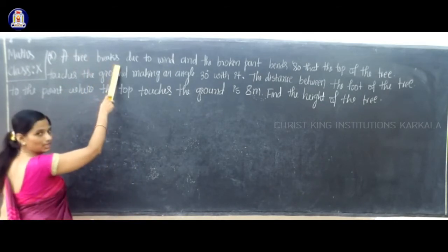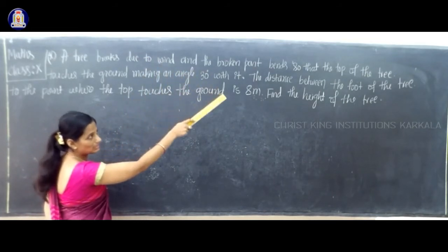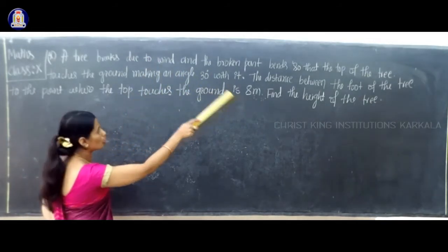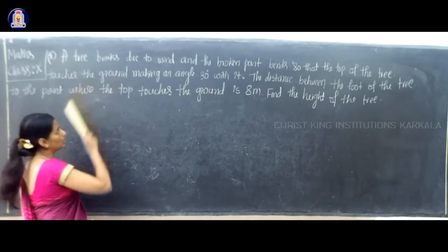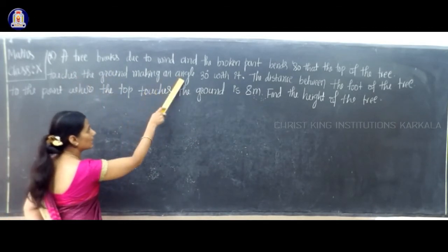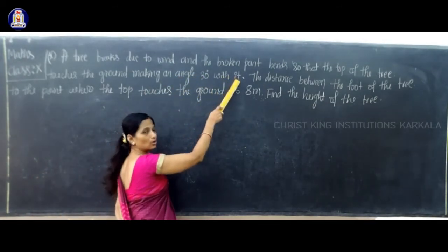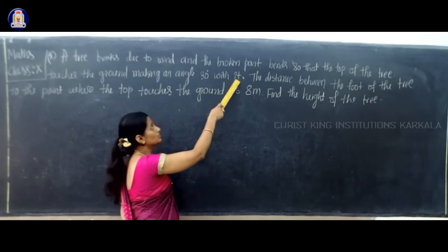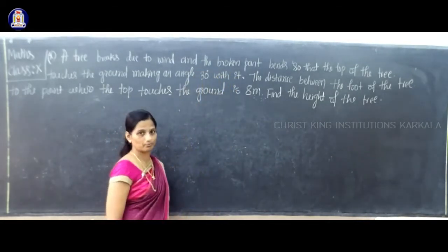The broken part makes an angle of 30 degree with the ground.